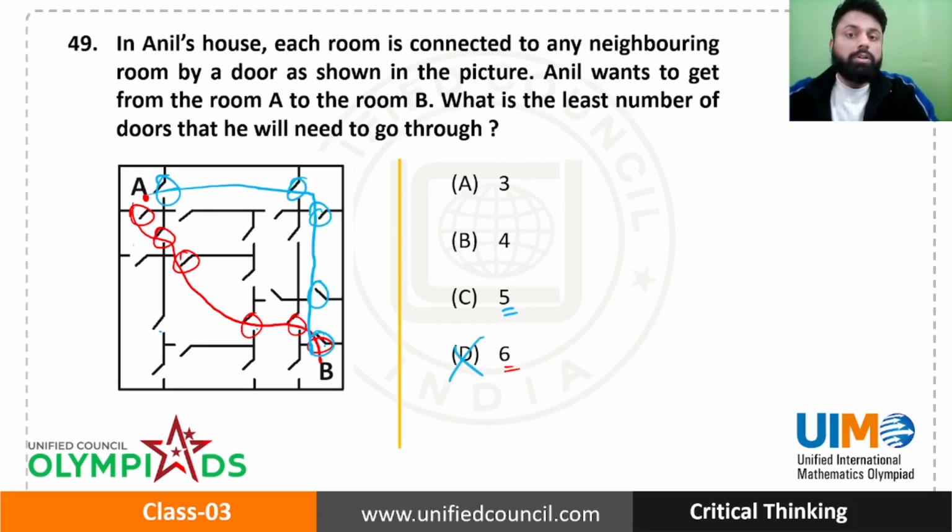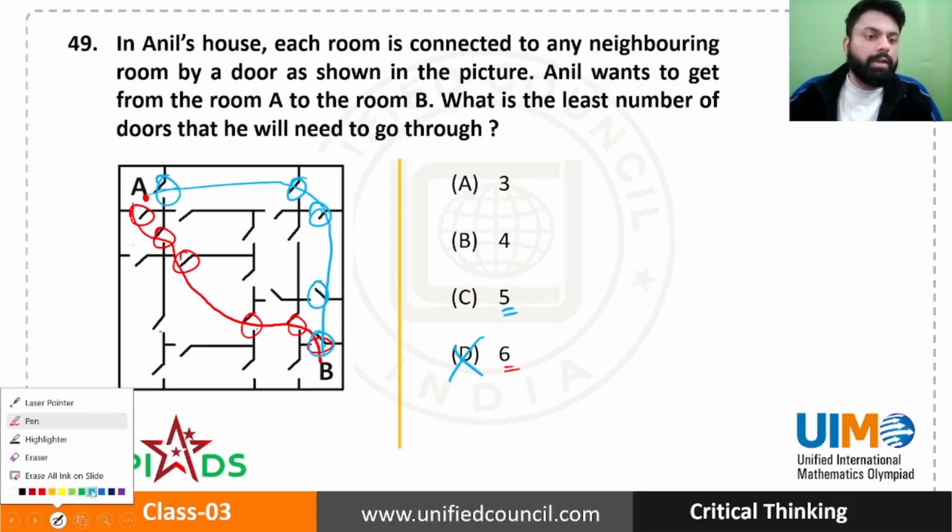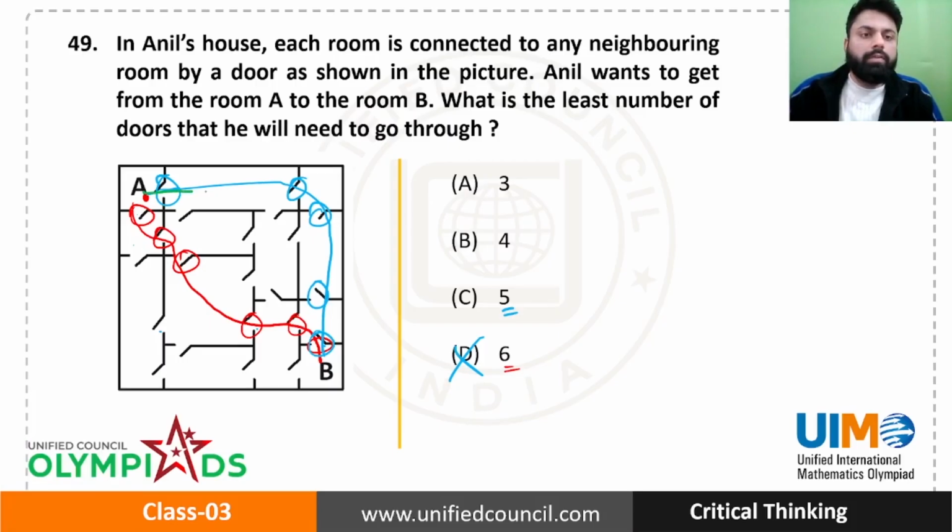Then one more scenario, let's suppose instead of going like this, he is going to take this path. So 1, 2, 3, and then 4. 4 doors. So C option is also not the correct one. But we cannot go by using 3 doors. So B option is the correct answer.